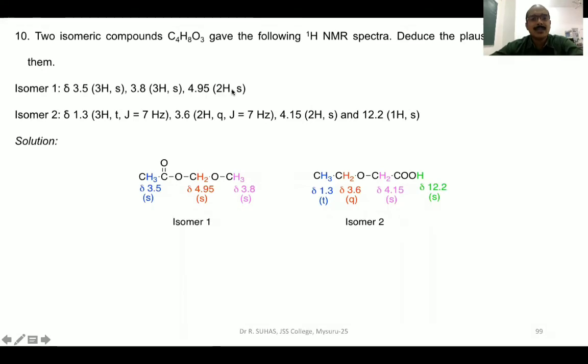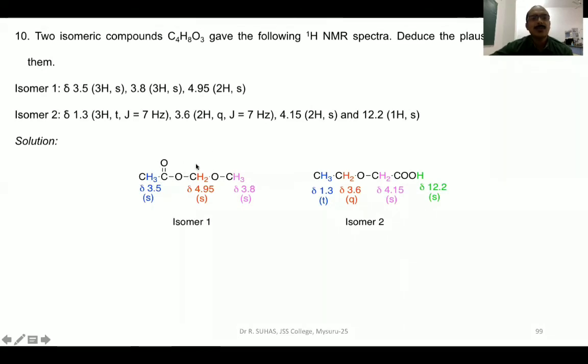4.95, 2H singlet. So all the three sets of protons do not have any kind of neighbors, and hence it is showing singlet, singlet, singlet. This is CH2, this is CH3, and this is CH3. And we also have to satisfy this by bearing in mind that there are three oxygen atoms in the molecule. So one is singlet CH3, CH2, CH3.